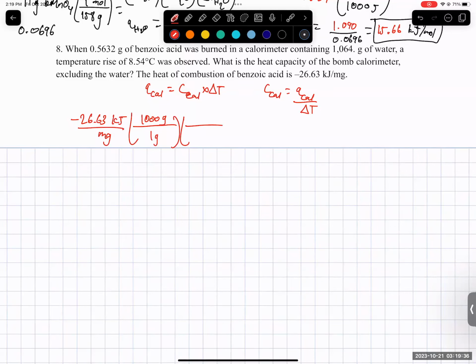The formula here is C6H5COOH. Usually they give it to you, but I tried to make this problem a little harder.